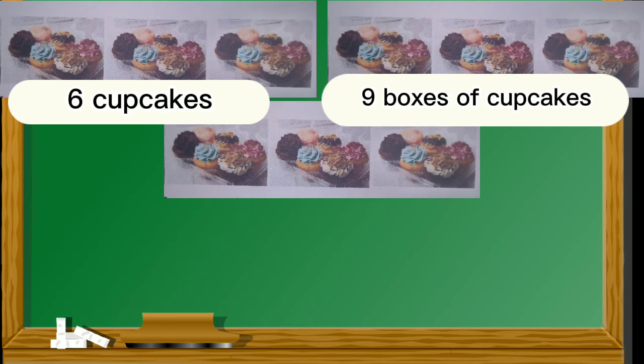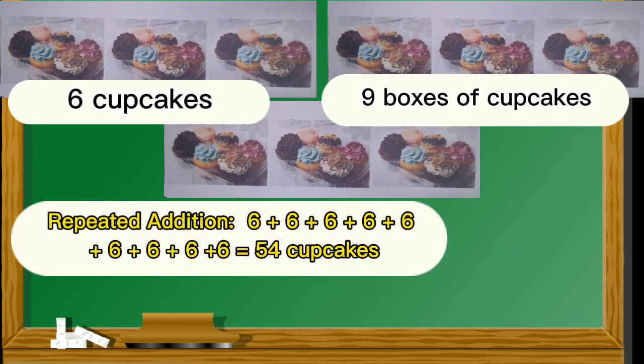There are 9 boxes of cupcakes. That's why the repeated addition sentence would be 6 plus 6 plus 6 plus 6 plus 6 plus 6 plus 6 plus 6 plus 6 is equal to, okay, very good, 54 cupcakes.